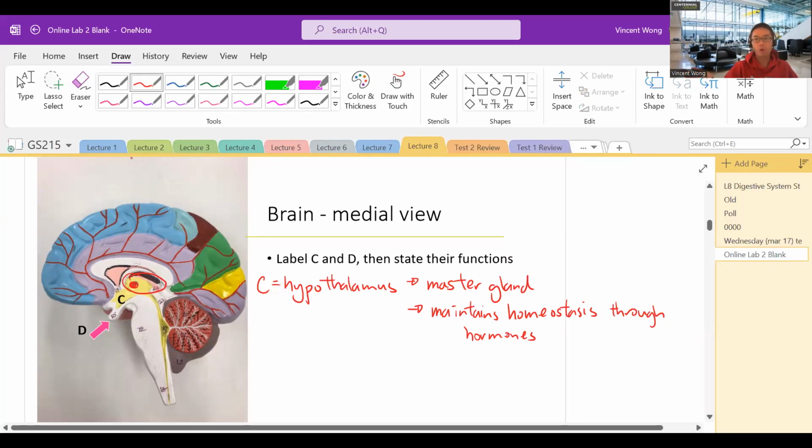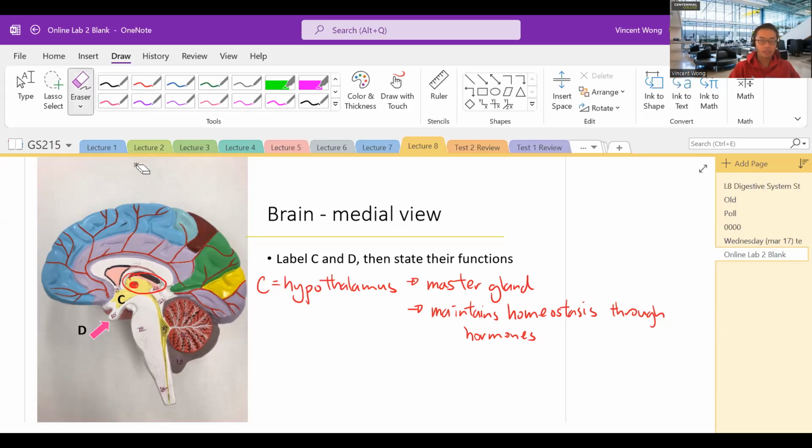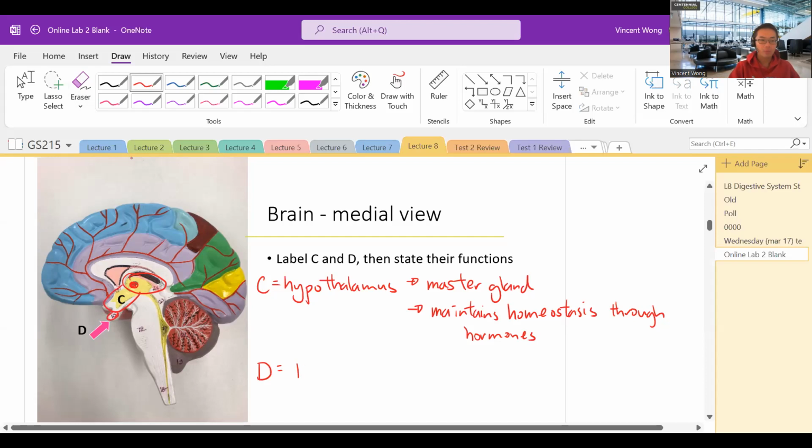So salt balance in the body, your metabolism, water balance, sleep wake cycle, everything that I've said is regulated by the hypothalamus, either directly or indirectly. So thalamus, hypothalamus, and then there's a thing that dangles below the hypothalamus, which would be the pituitary gland.